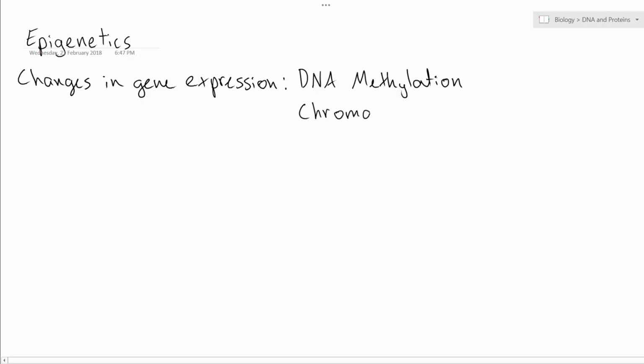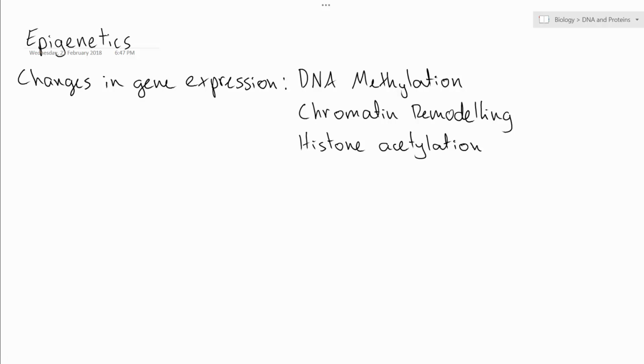We also see chromatin remodeling, so the alteration of our chromatin, which largely comes about because of histone acetylation. We're adding acetyl groups to histone proteins, which our DNA is wrapped around. We'll mess around with the charges, and we'll see the spreading out of histones and the exposure of genes, which will be activated and then possibly expressed, because they can be accessed by RNA.